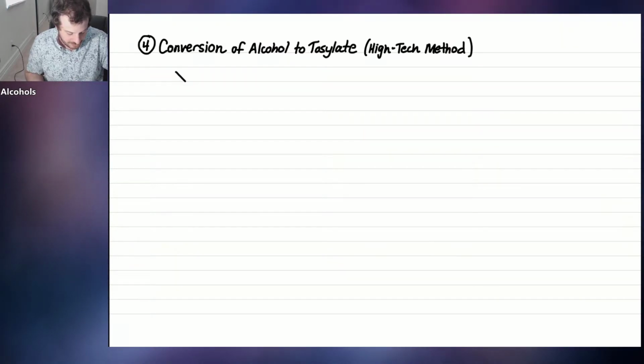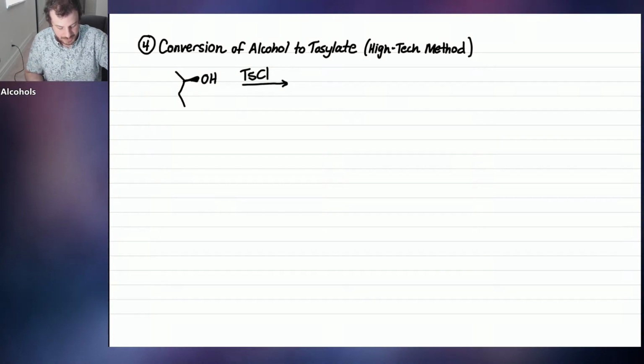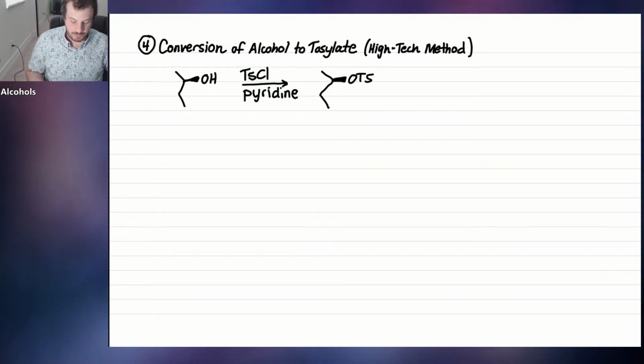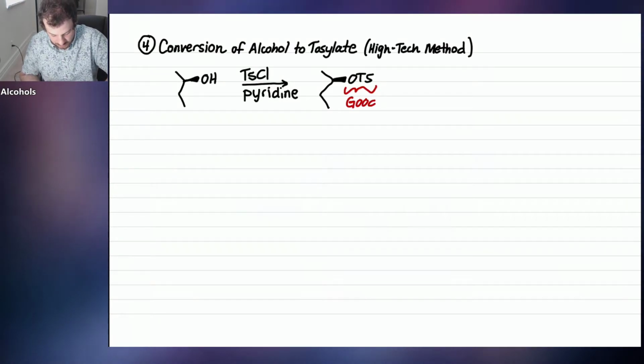And so if you remember this reaction, what it does is it takes an alcohol, and the reagents were tosyl chloride, TsCl, and pyridine. And then that replaced the OH group with an OTs group, which is a good leaving group. That's why we did this reaction. It makes a sulfonate leaving group, which is a good leaving group, and then you can do SN2 and all those things.